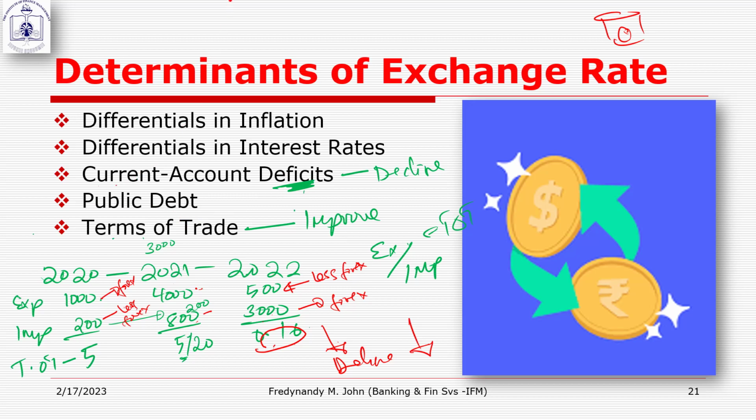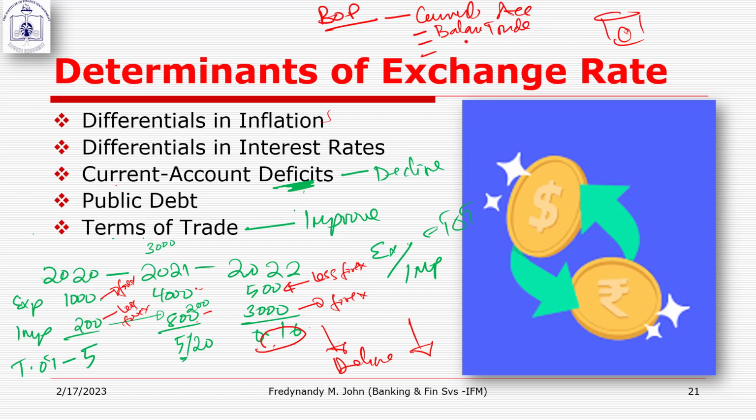But again, current account deficit. The current account is a component of the balance of payment, BOP. The BOP has some accounts, and one of which is known as the current account. Now the current account is composed of the following elements. We have balance of trade.